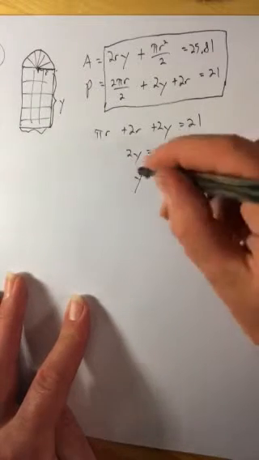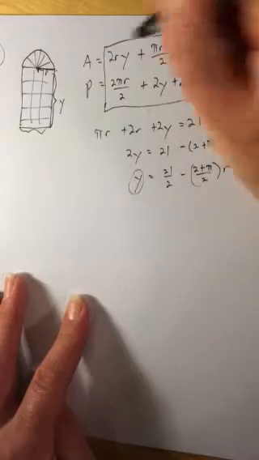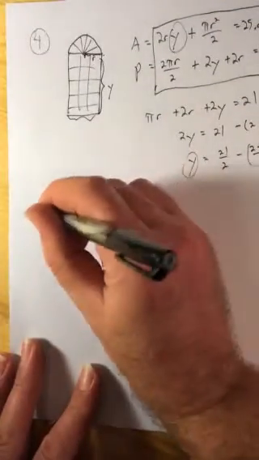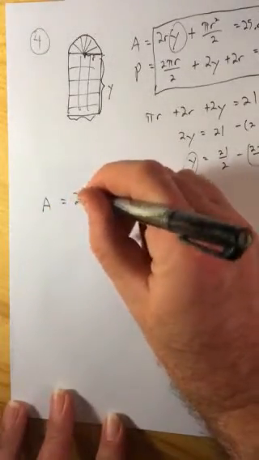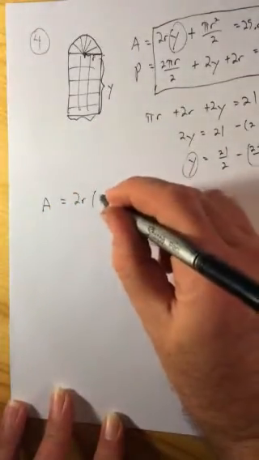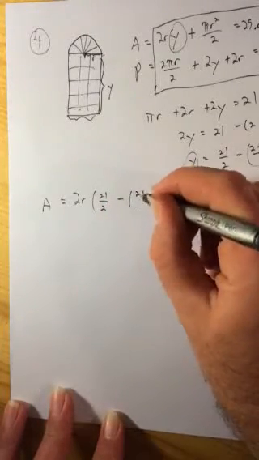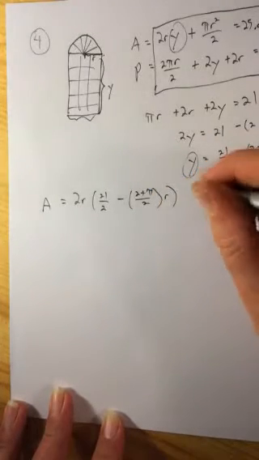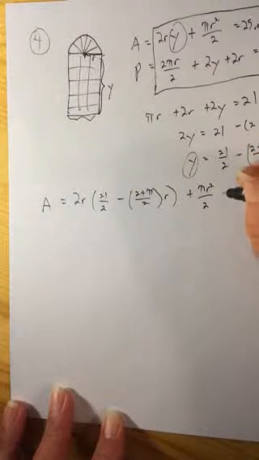What we want to do is take this y and plug it back into the other equation, which is this one. So that means my area is going to be what? Instead of 2ry, I'm going to replace that y with 21 over 2 minus 2 plus pi over 2 times r. Alright, and then I've got this pi r squared over 2.